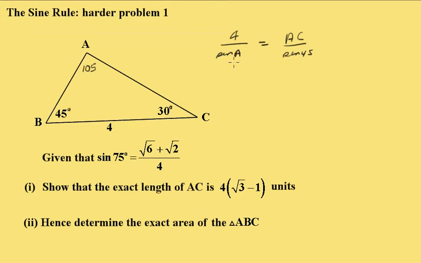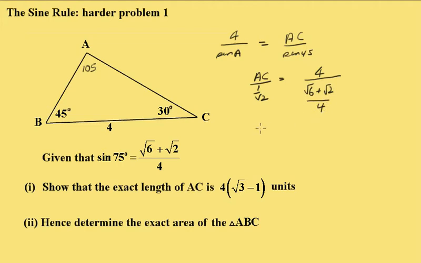But the sine of 105 degrees is the same as the sine of 75 because sine is positive in the second quadrant. So we can replace all that by this ratio here. So we'll have that AC over 1 over root 2 is equal to 4 over the square root of 6 plus the square root of 2 all over 4.